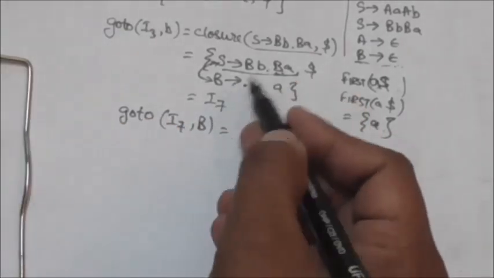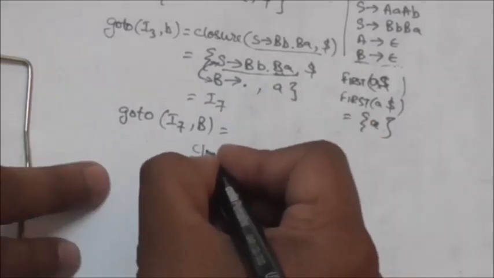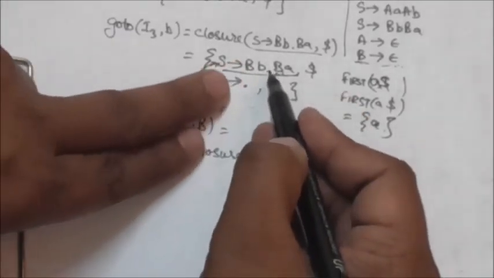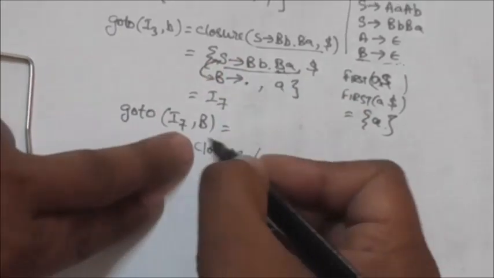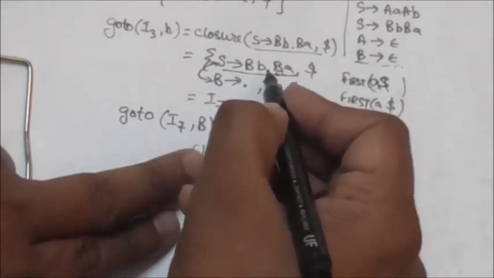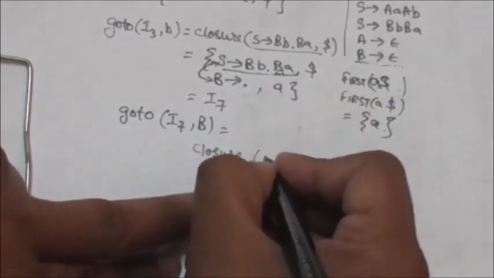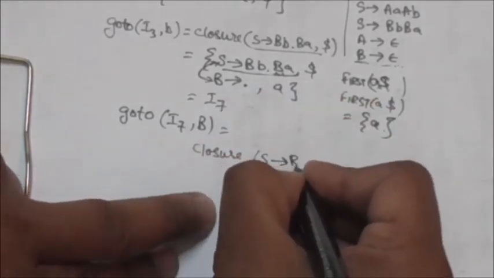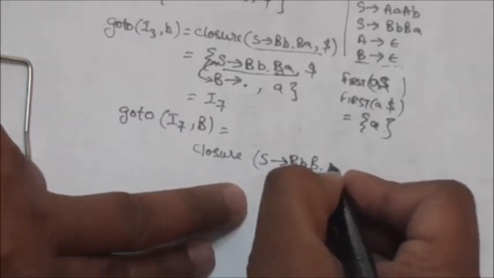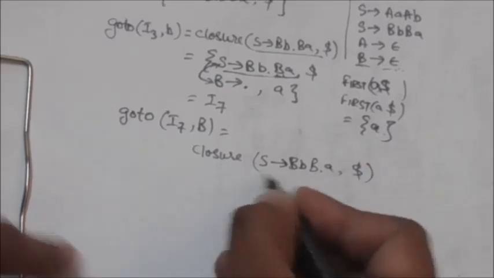So whatever the items are there in I7 where dot is preceding non-terminal B, in those items this dot will be shifted to the right of non-terminal B, right. So in this item you can see dot is preceding B, so it will be shifted to the right of non-terminal B. So I will get this item as S derives B B dot A, and look ahead symbol will be the dollar, right. I need to find its closure.